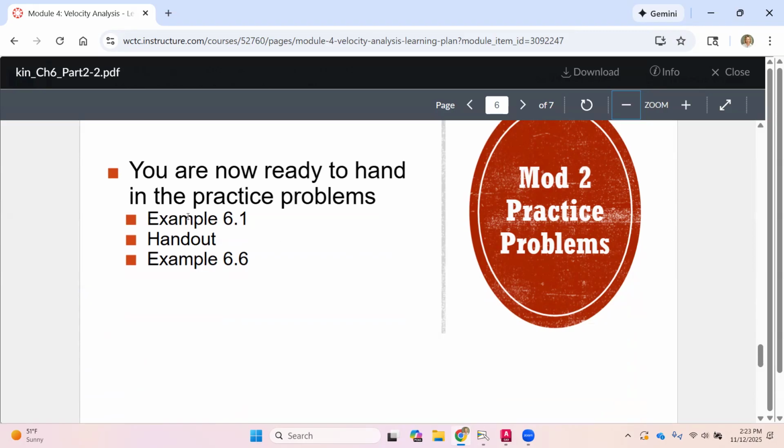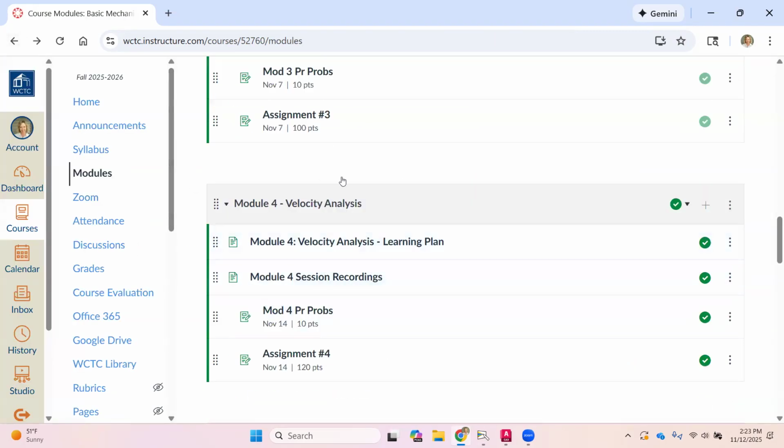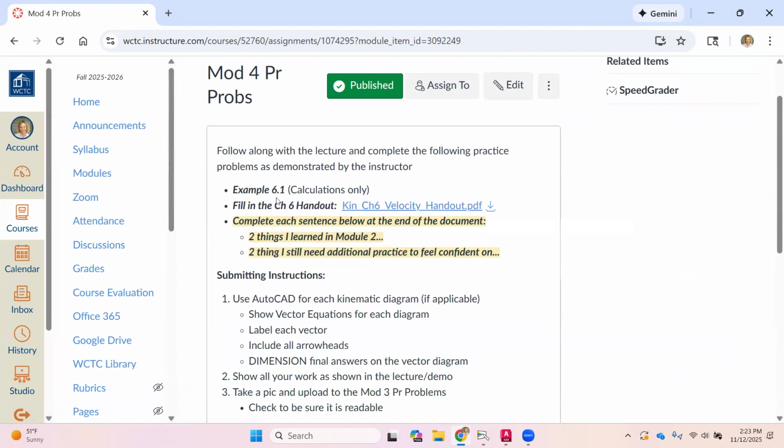So you're just going to hand in example 6.1, which was the very first example we did the first time we met, and then everything that we have in this handout, including the screenshots for the last two examples we did. That is consistent with what is in our practice problems: just the handout and example 6.1.